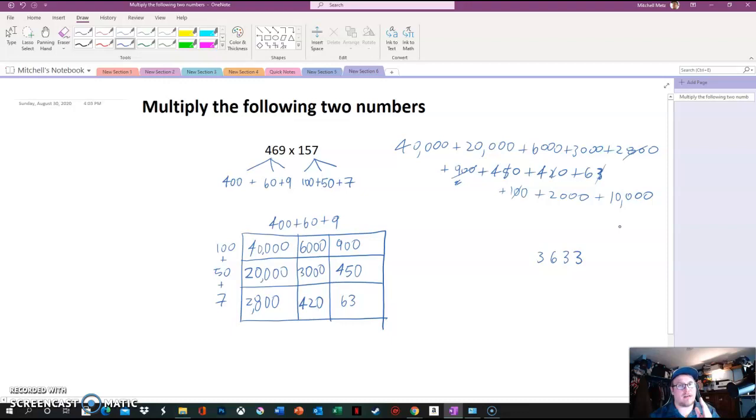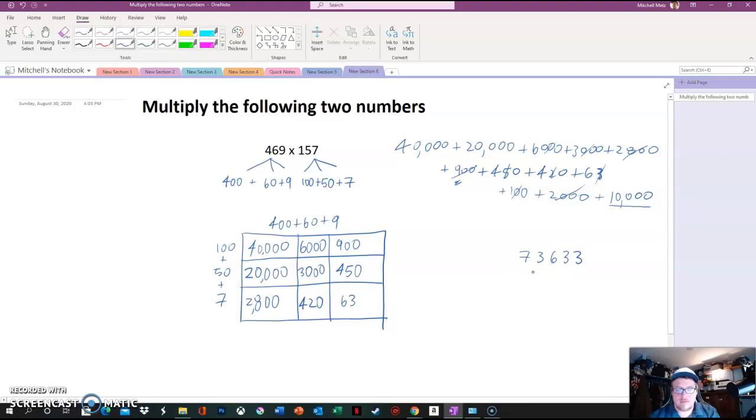Because that place value basically means I have a 10,000 plus 3,000, so 13. Okay, so I'm going to now finally add my 10,000s. So I'm going to do 1 10,000, 3 10,000, and then 7 10,000. So now I should have 7 10,000s.